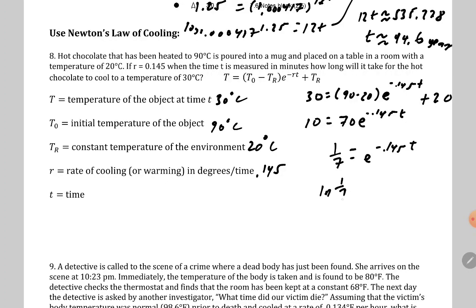So natural log of 1 over 7 equals natural log of e cancels, so negative 0.145t. This becomes negative 1.950 equals negative 0.145t. Divide, and we'll get t is about 13.42 minutes.